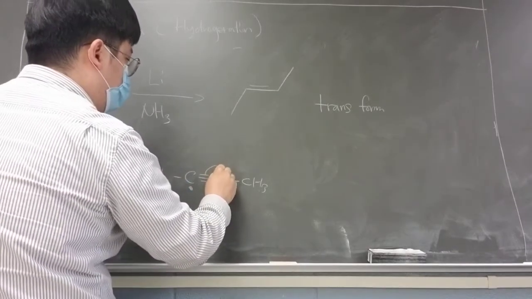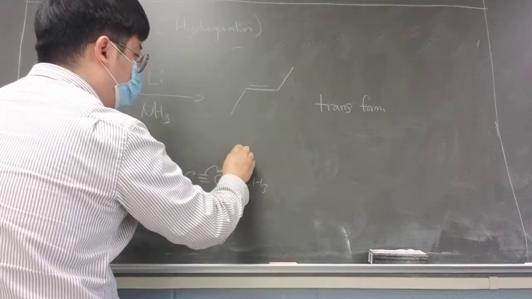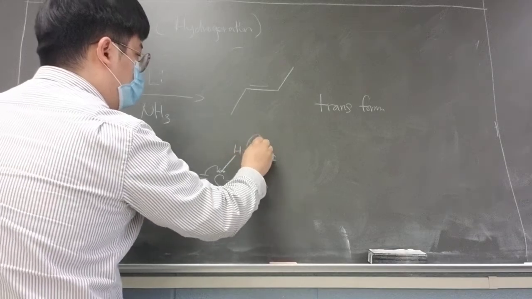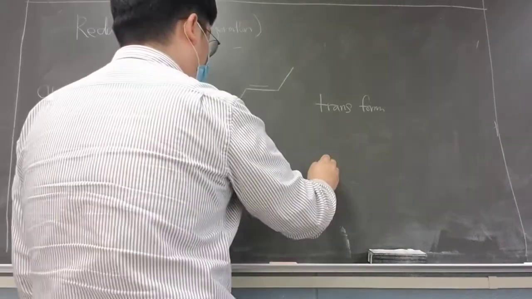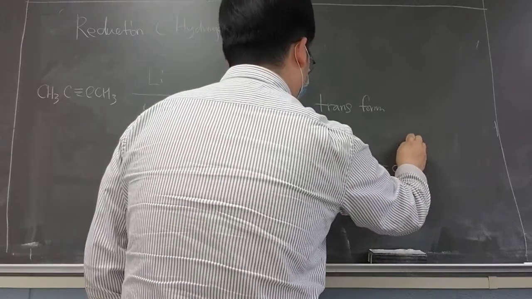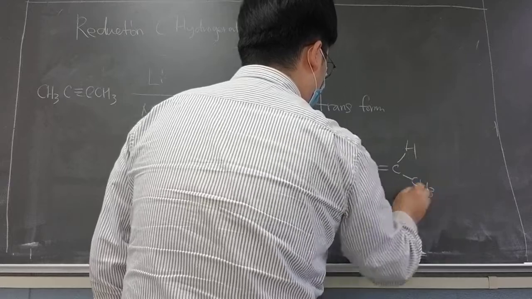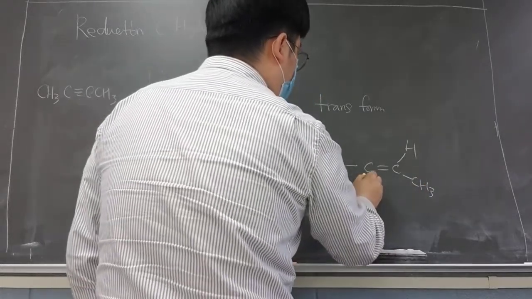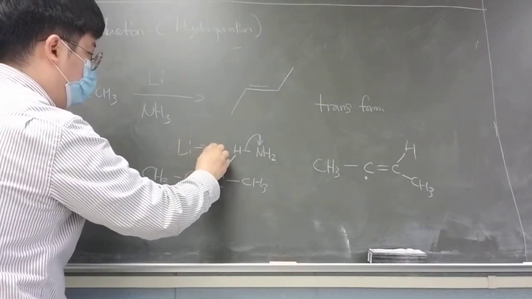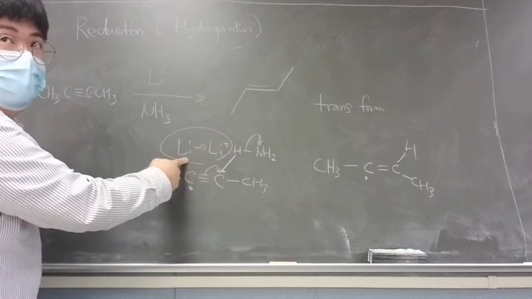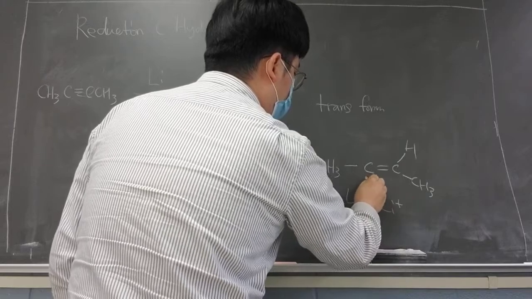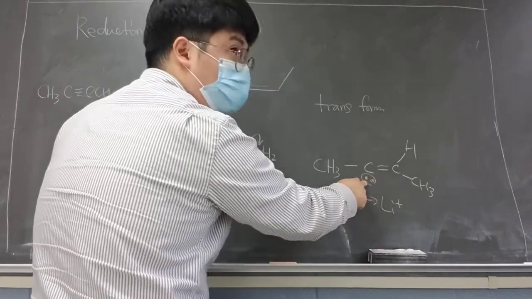So that makes a bond to one of the hydrogens in ammonia. Then here it got this electron from the lithium, and they do it once more, so it got one more. Now it has a pair of electrons left.